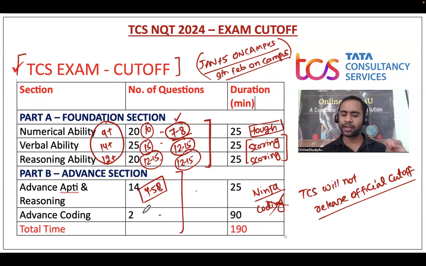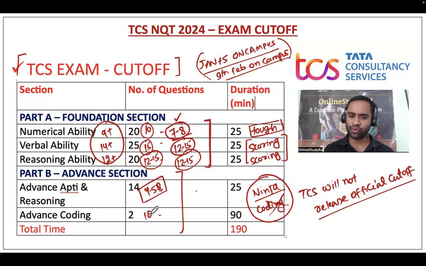If you are able to do it, fine; if not, don't worry, but try to attempt it. In the January exam, those who did not execute even one code were also called for Ninja. Those who attempted one coding question correctly were called for Digital. Those who attempted both questions correctly were called for Prime role, right?